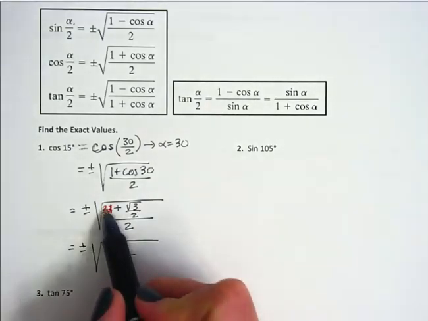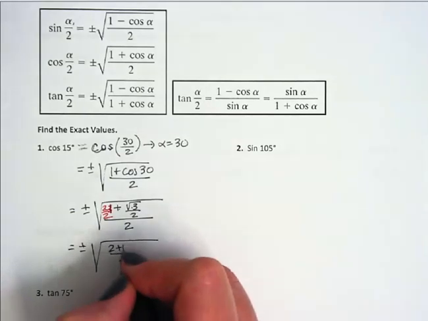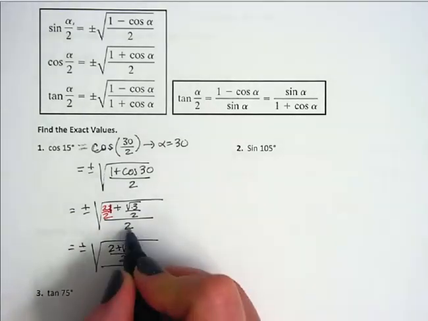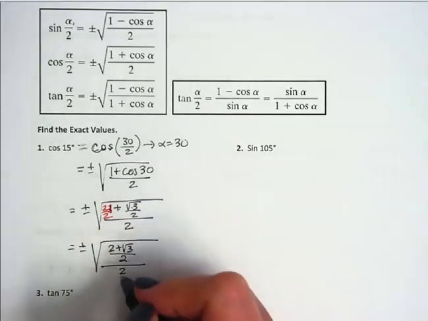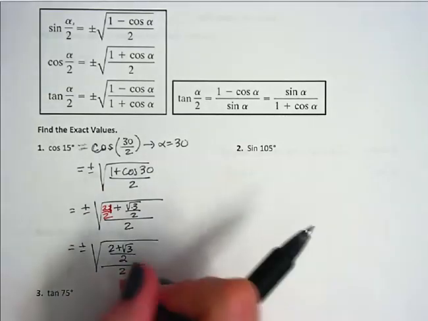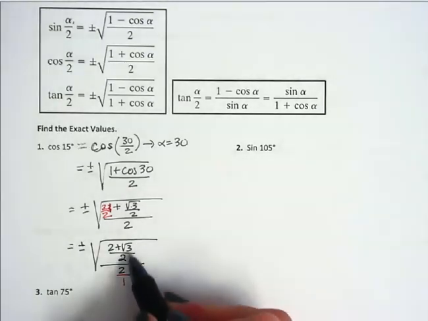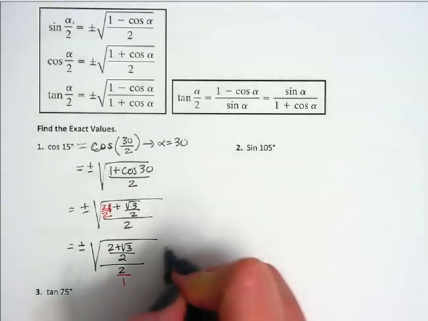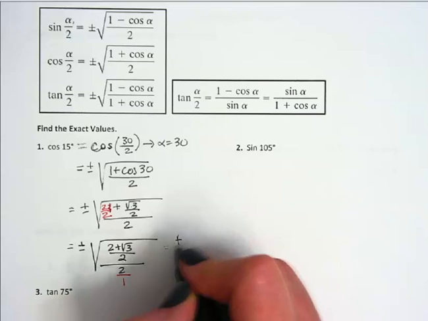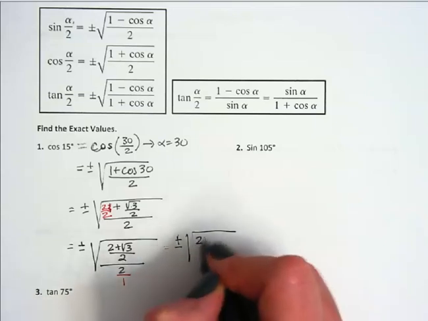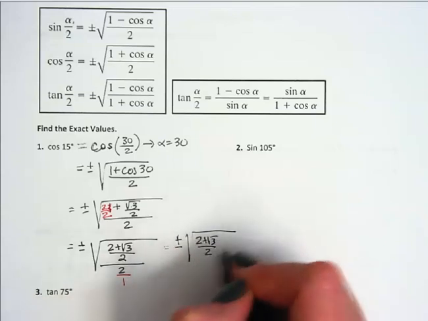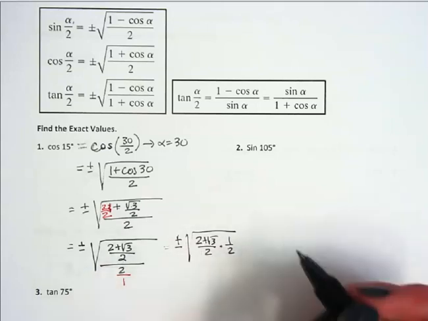My numerators are 2 plus rad 3. And all of that is over 2. Now really this 2 in the denominator is over 1. So I'm going to keep change flip. So plus or minus 2 plus rad 3 over 2 times 1 over 2.